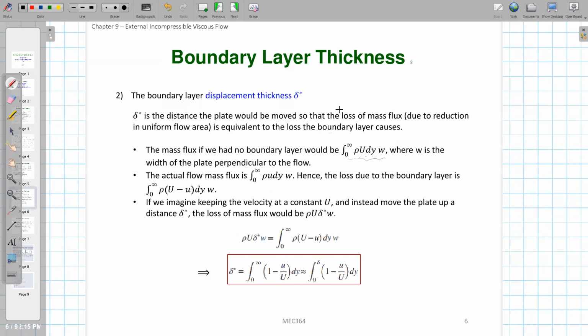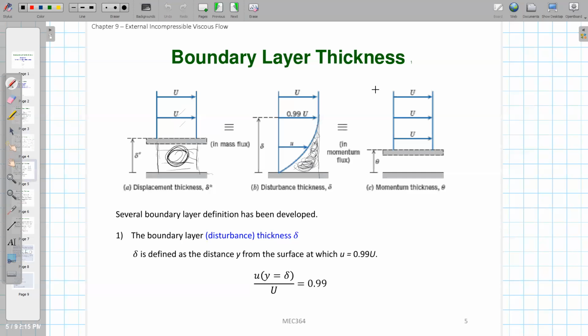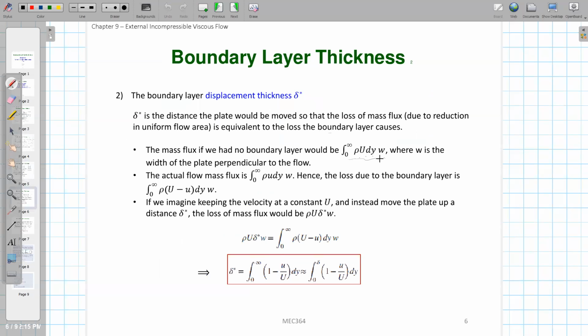So if you want to calculate the overall mass flow rate at this position, you just integrate the large U from y equals 0 to y infinity, and multiply by w. So this is the mass flux if we have no boundary layer. But the actual one, because we have the boundary layer, what is the mass flow rate? It will be the integral from 0 to infinity of rho times small u times dy times w. You cannot use large U, you have to use small u.